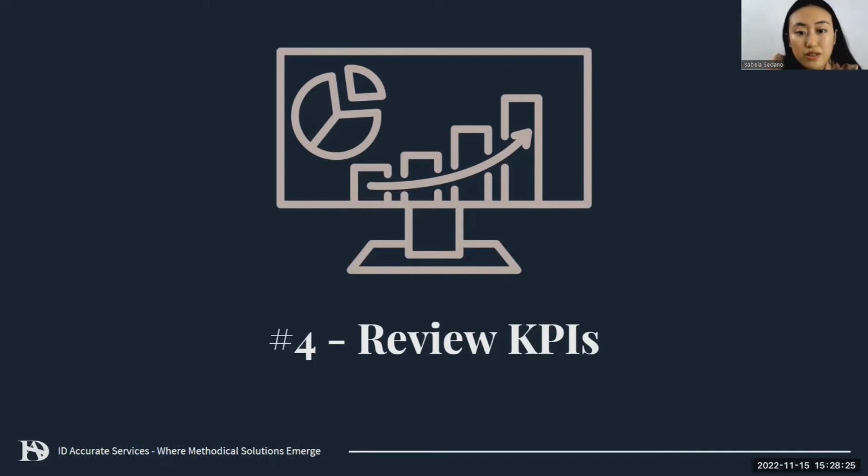For Facebook feed posts, KPIs include reach, reactions, comments, and shares. For Reels, there are reach, plays, likes, comments, shares, and saves. And for Stories, there are reach, likes, replies, sticker taps, and so on.